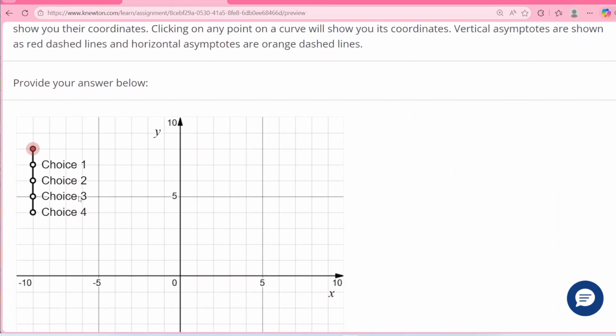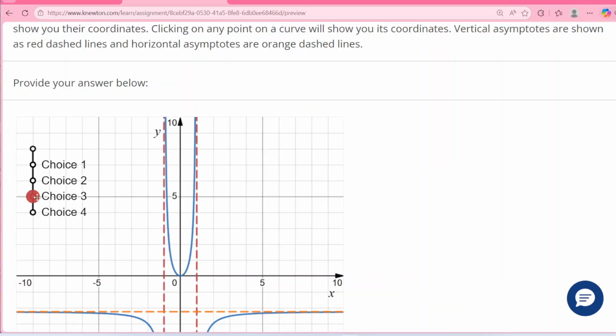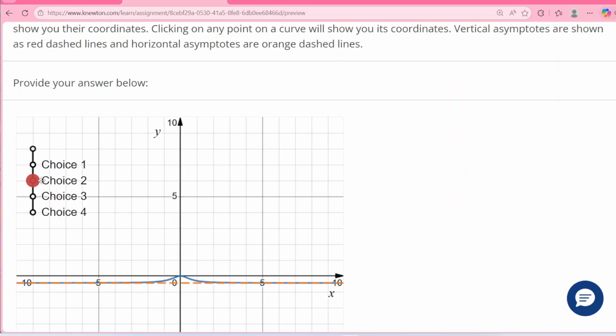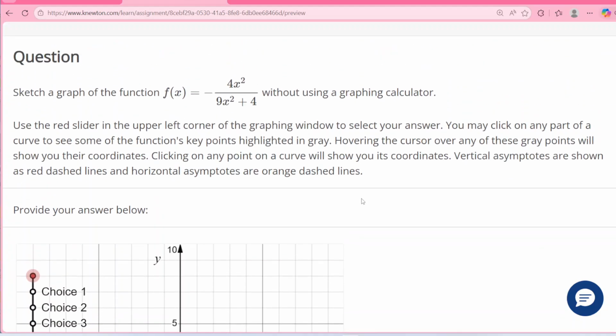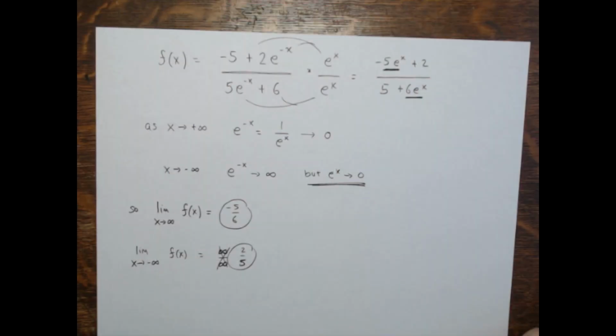And then we'll come back here, and they just have choices: choice 1, choice 2, choice 3, choice 4, and I'm going to pick whichever is the graph. Again, I'm going to go through how I would approach making a graph by hand, and we're going to go over multiple levels.